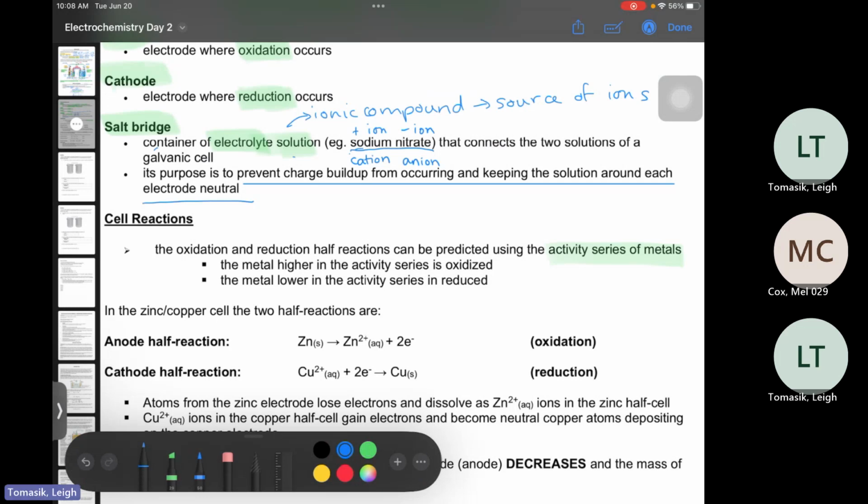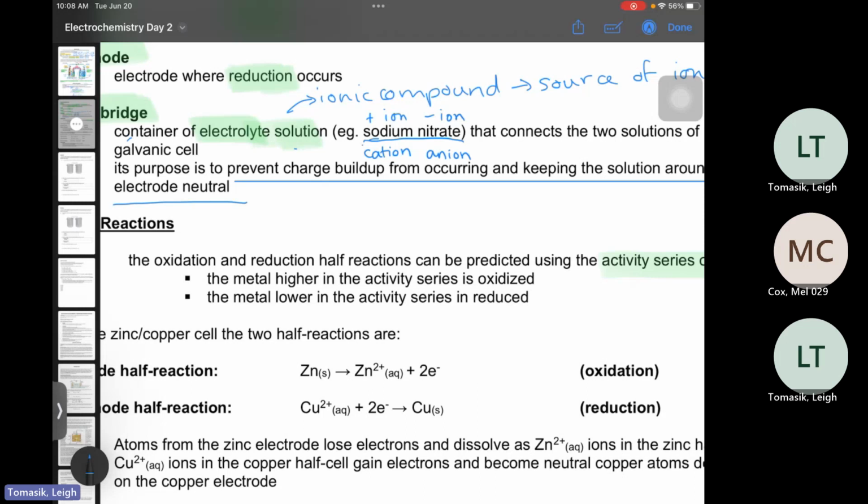For us, in our chart, it's opposite, right?